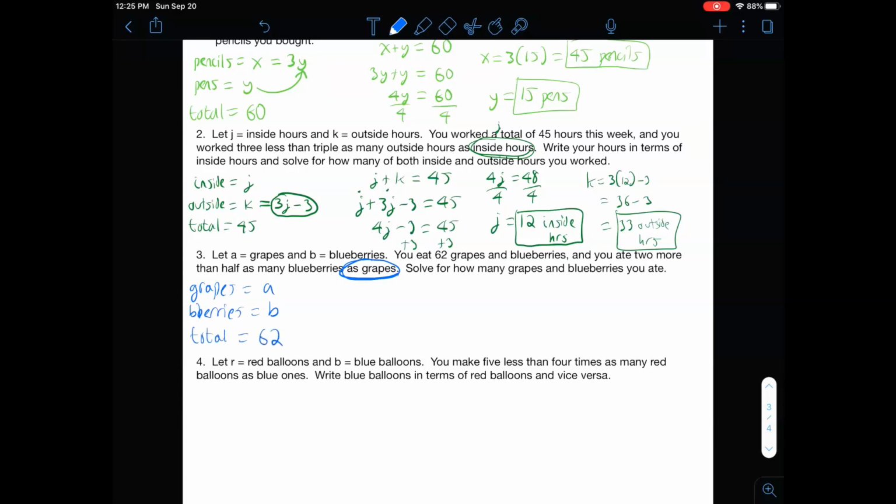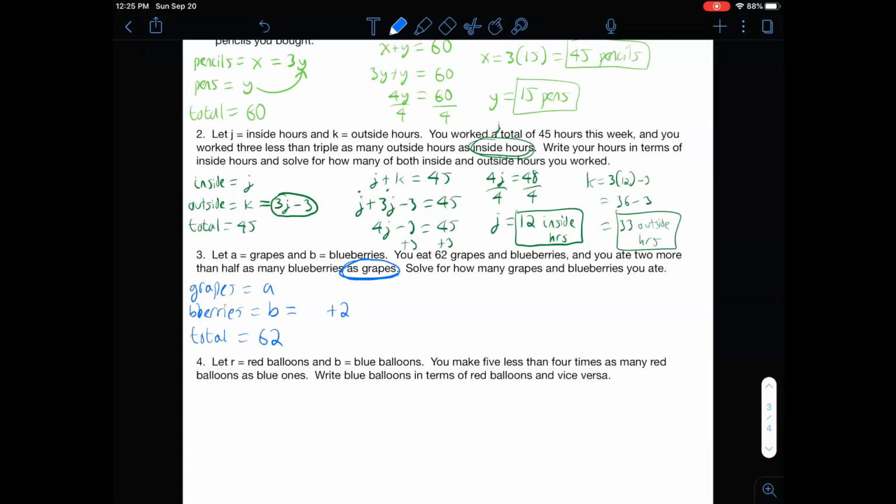So again, it says you ate 2 more than half as many blueberries as grapes. So we're using grapes to define blueberries, right? So we're going to write blueberries is going to equal half, 2 more, so 2 more is plus 2.